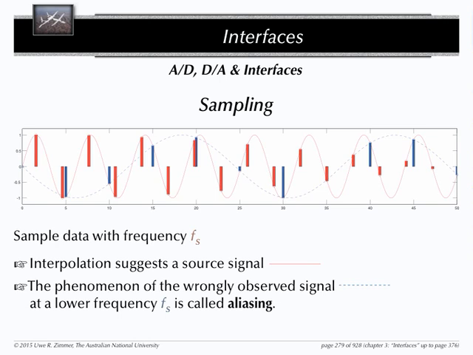So maybe my signal was actually this one. And you see that those blue measurements would have exactly measured the same thing as the red measurements at a higher frequency. And that is called aliasing.